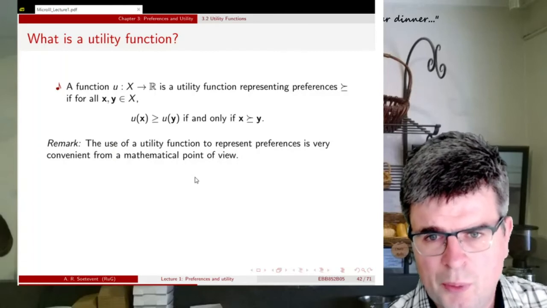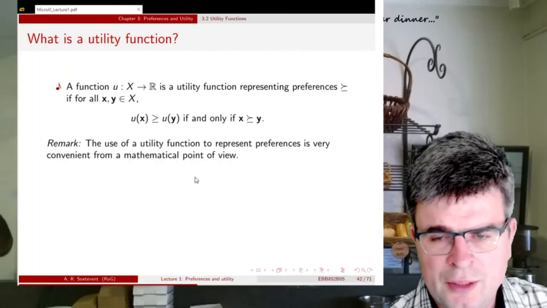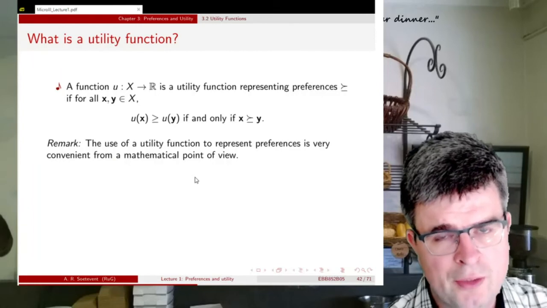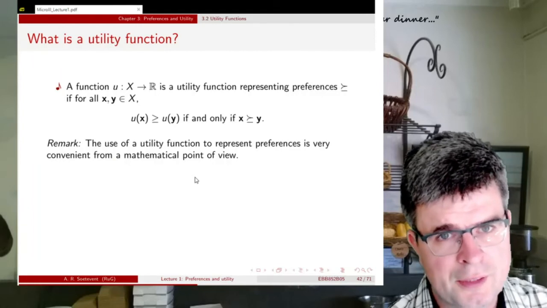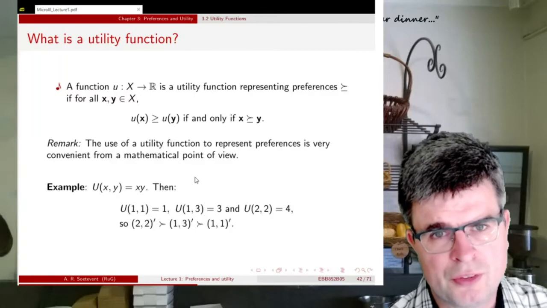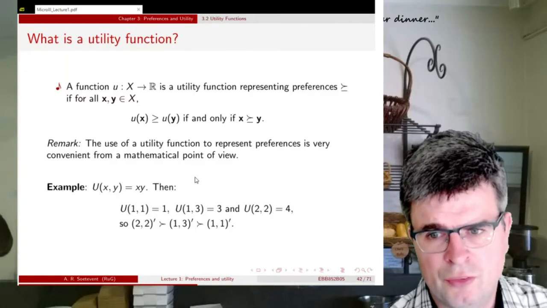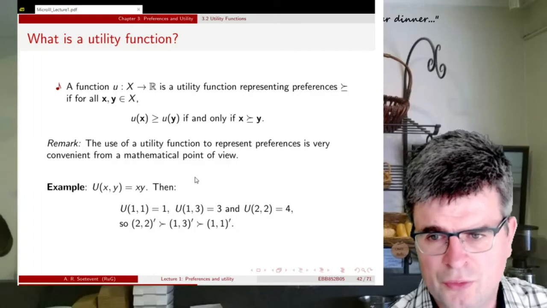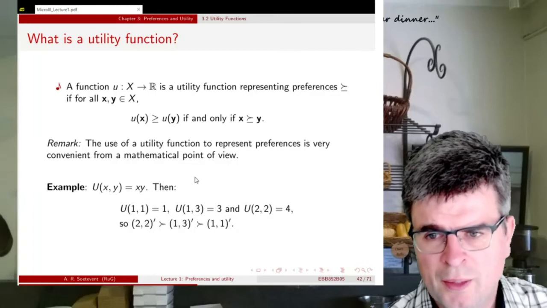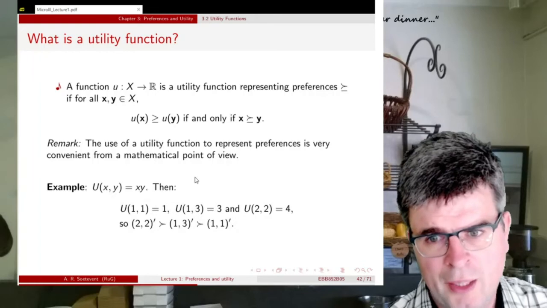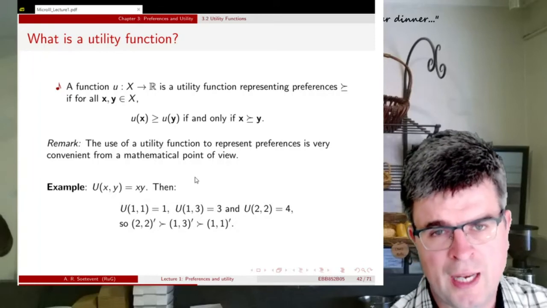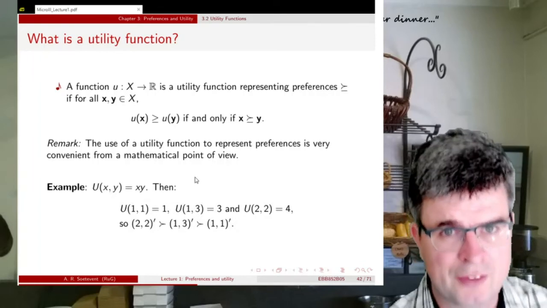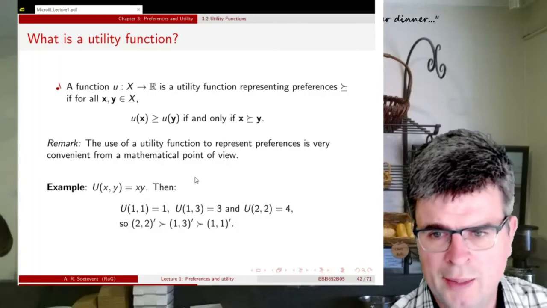So this is what we want, but the question is, can we always find a utility function that exactly matches the underlying preferences of the individual? An example of a utility function is this one. We have two goods x and y. The non-boldface x denotes the number of units of x that we consume, the same for y.